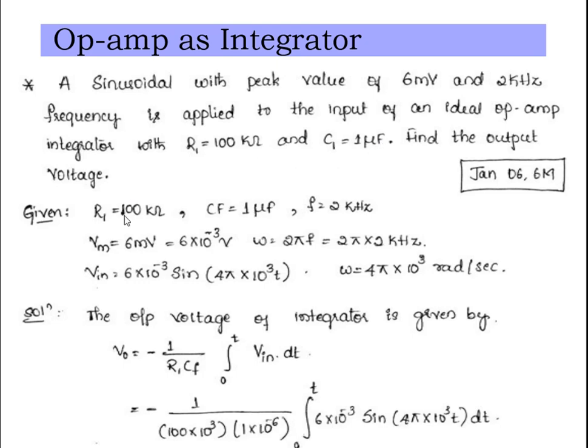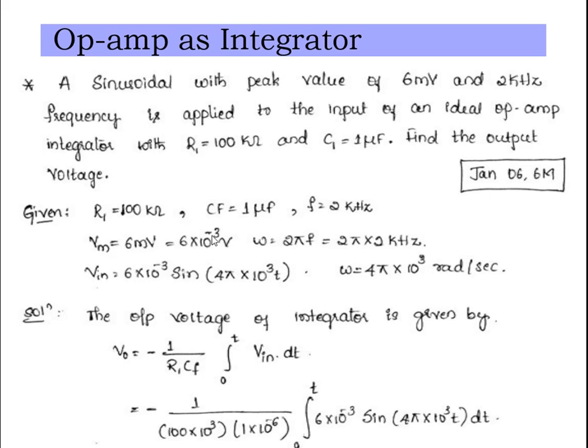Here the given parameters are R1, the input resistance, 100 kilo ohms, and capacitor 1 microfarad, with a frequency of 2 kilohertz, whereas the input voltage Vin is a sinusoidal with a peak value of 6 millivolts. Therefore Vm is equal to 6 millivolt.